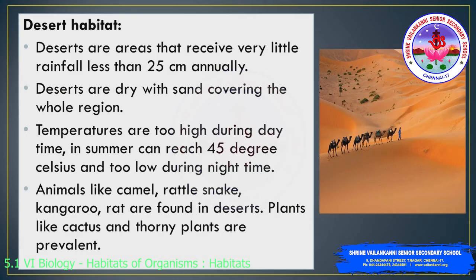The temperatures are too high during the daytime, and in summer it can reach up to 45 degrees Celsius, and during the night time the temperatures may be too low. The animals like camel, rattlesnake, kangaroo, rat are found in the deserts, whereas plants like cactus and thorny plants are prevalent.